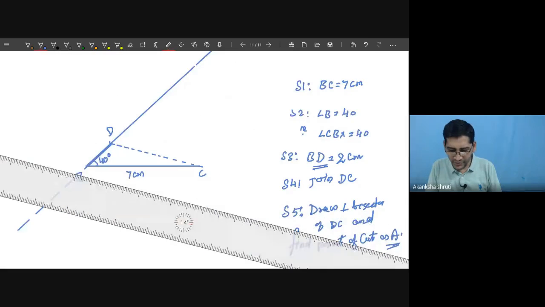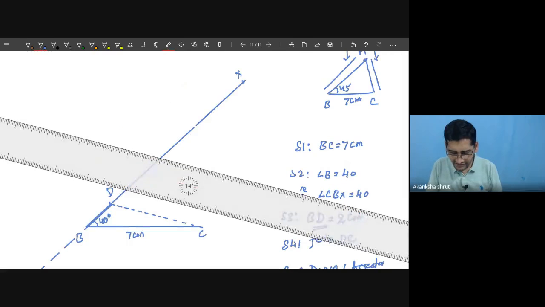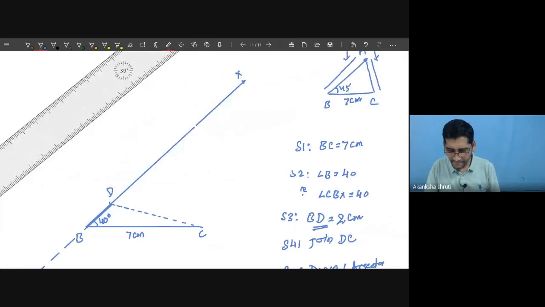Now we have to draw the perpendicular bisector. Okay, students. How to draw? Take your compass. Take a radius greater than half of CD. Make two arcs. Okay, students.